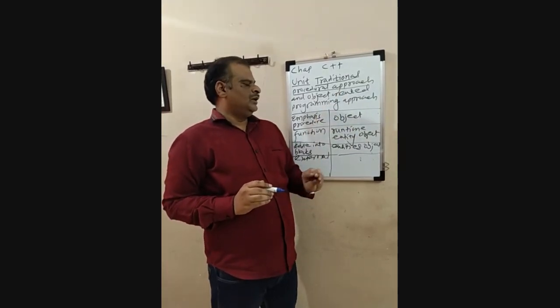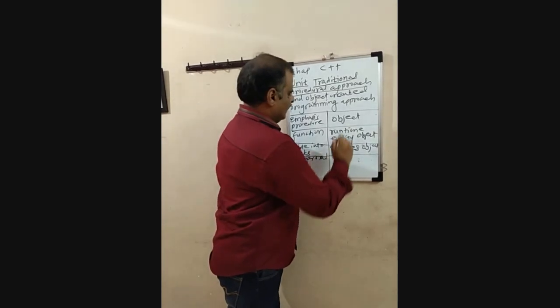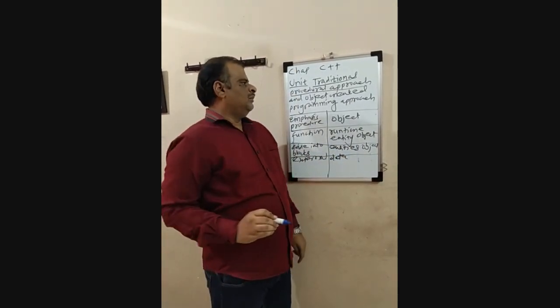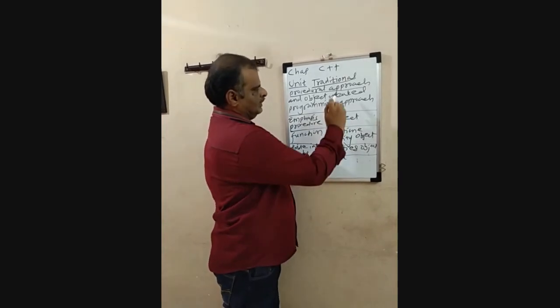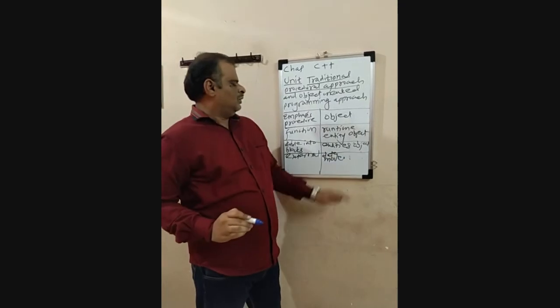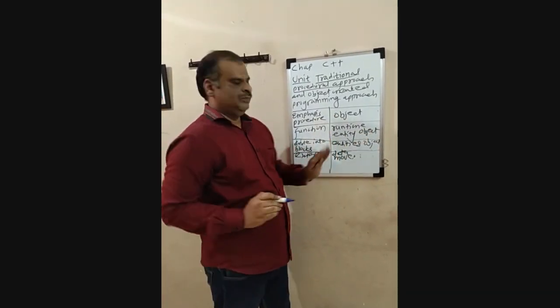But in object oriented programming, whenever the data is used by many different functions, it moves from one function to another, but the data is hidden.